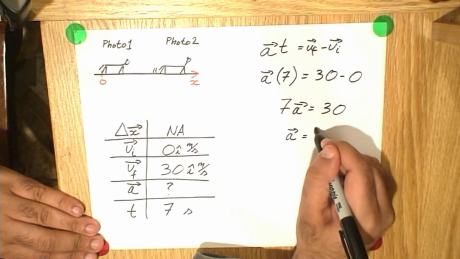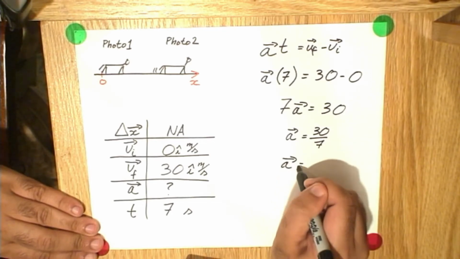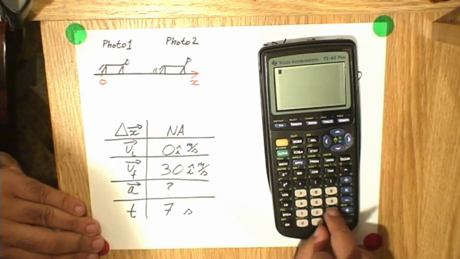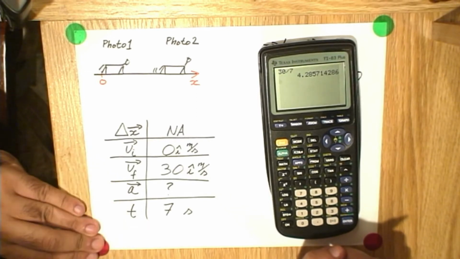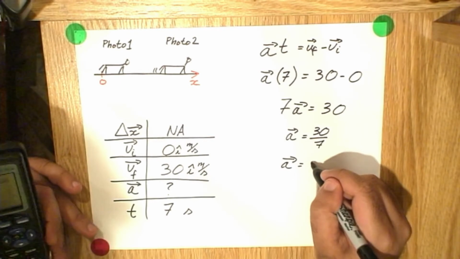So A is equal to 30 divided by 7, which works out to 4.29 meters per second squared.